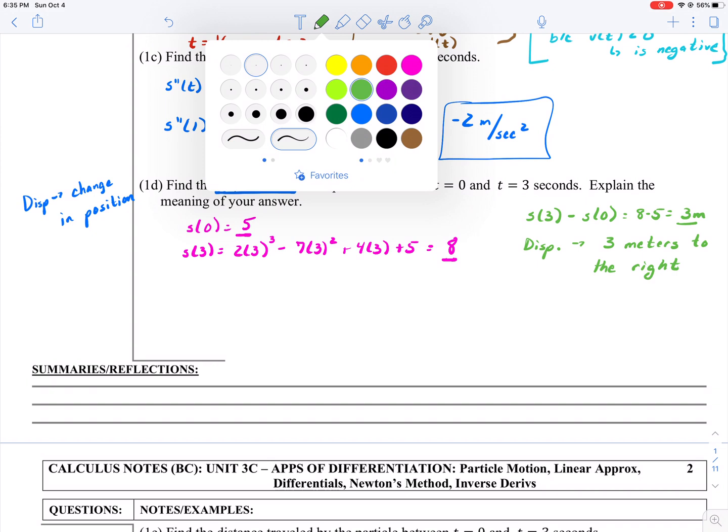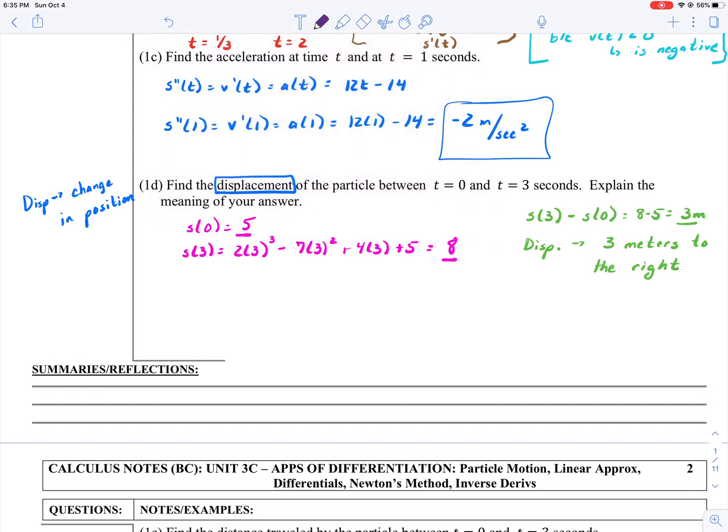Now, explain the meaning of your answer. Let's go ahead and write out a justification at this point. So we'll say, at t equals 0, the particle's position is at 5 meters.